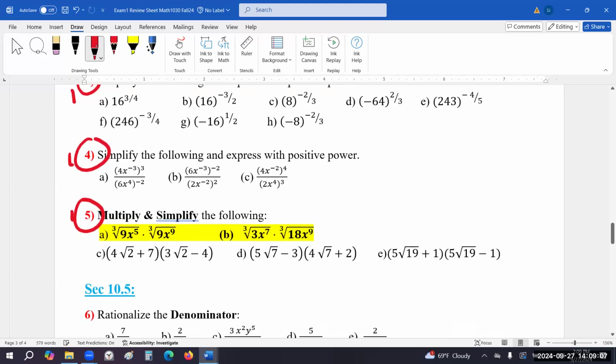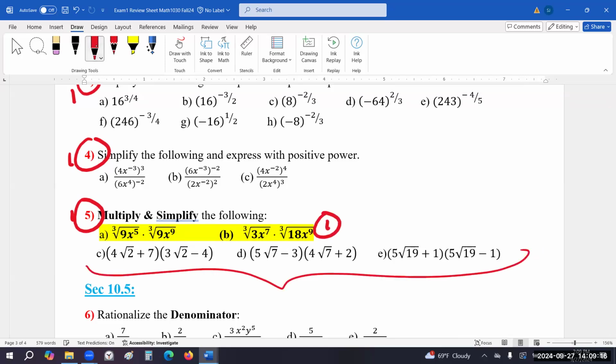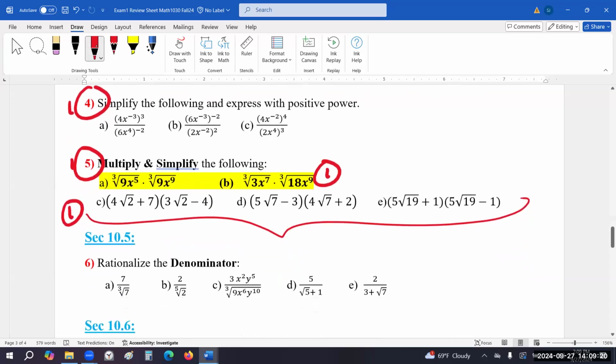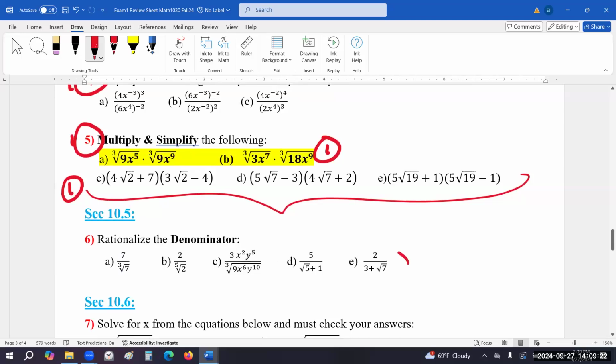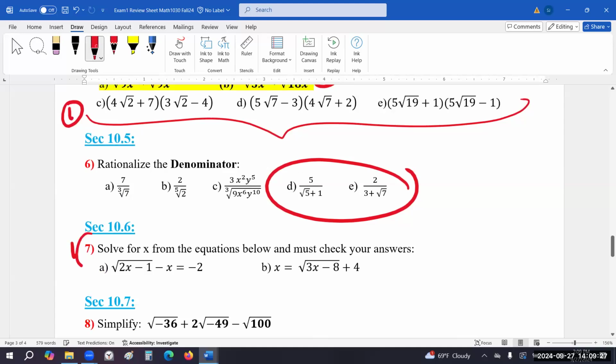By the way, in my review sheet, which I posted on Blackboard, I actually missed this part, but we'll have 1 from here, okay? And 1 from here. We went over this today. 1 of these, 1 from here.